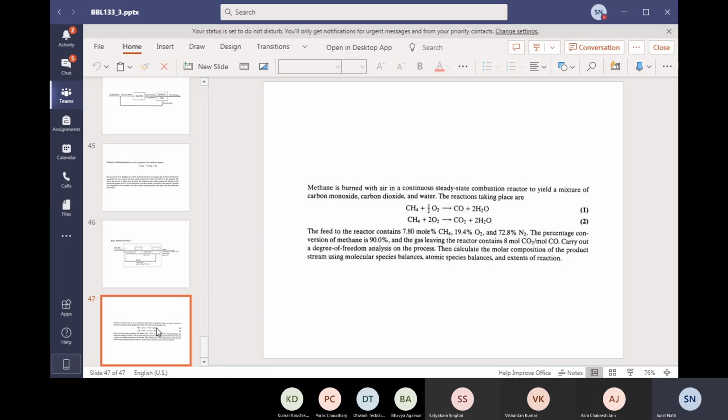If somebody is interested in mathematical analysis of networks, even today I find chemical engineering science and other journals carrying network based mathematical proofs of these. Anyway, I just left you with that question, but we never completed it. So leave that part.